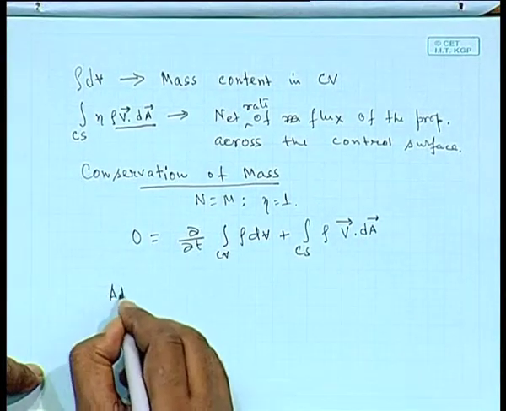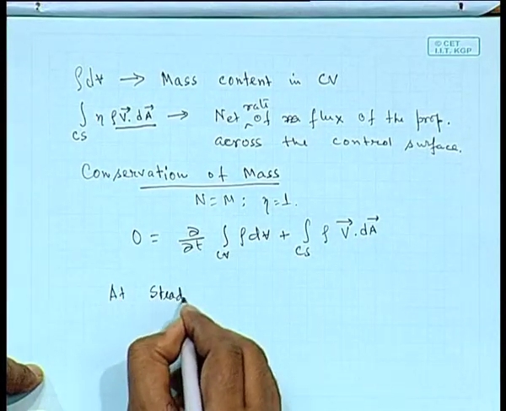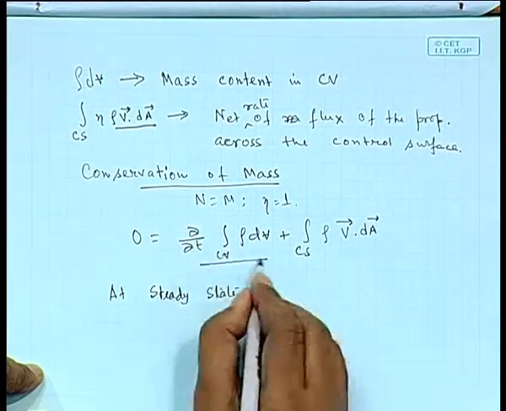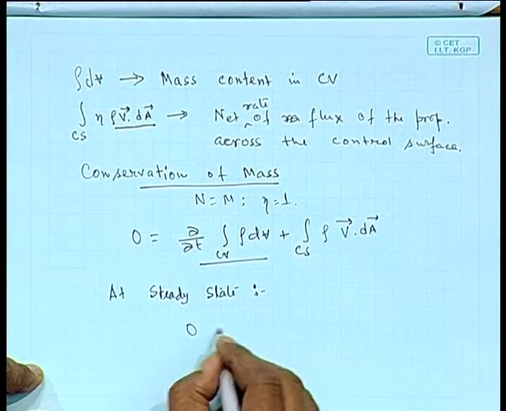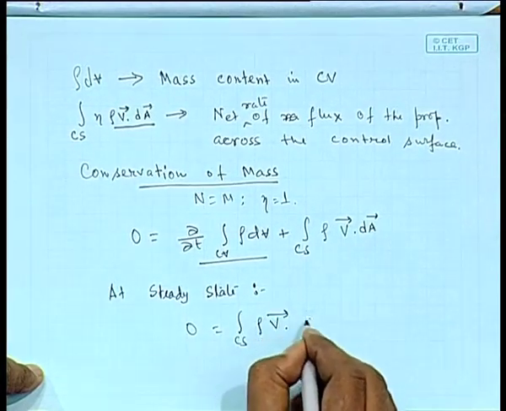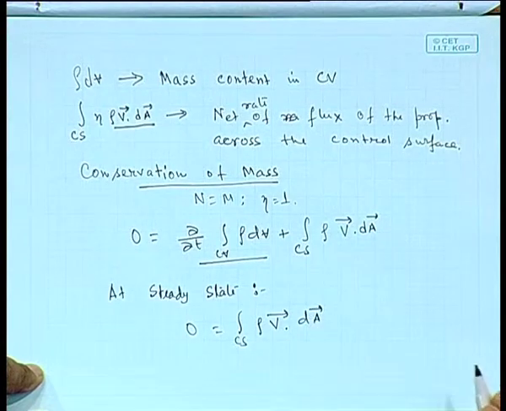Now, at the steady state, this time derivative will be zero. So, you will be having the integral over the control surface of rho v dot dA.